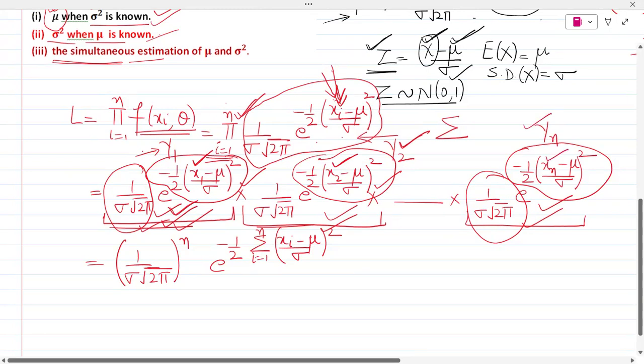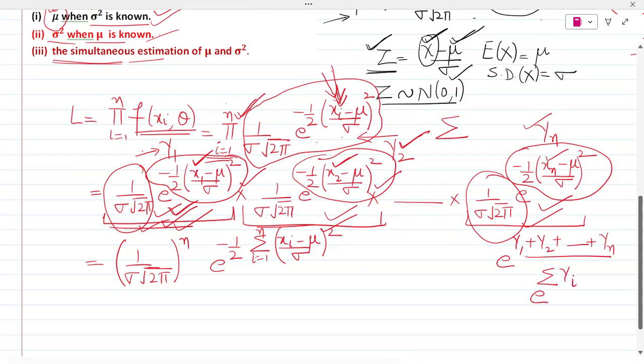So this is actually e raised to power y1 plus y2 plus so on yn. So this is nothing but e raised to power summation of yi. So I have done the same. So it is 1 by sigma, this thing. Now taking log on both sides.